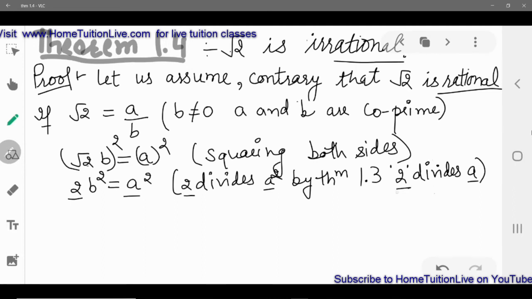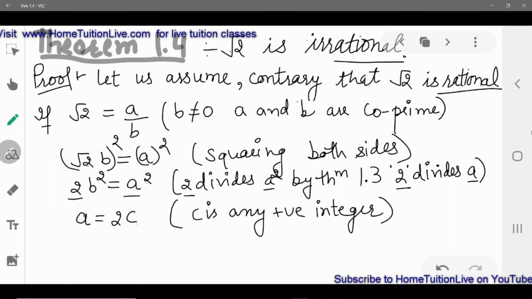You can say that 2 is a factor of a, and we can write a is equal to 2c, where c is any positive integer, and put this value of a in the first equation. Write this equation as first.